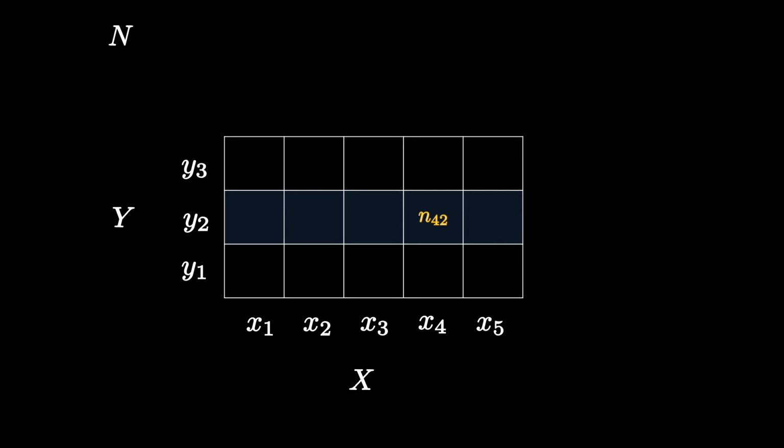So one obvious question of interest for us is to know the probability of random variable x being x4 and random variable y being y2. Remember, the process can happen only when we have the states for both of these random variables. Since this will essentially be the relative frequency of this combination, we can compute it by dividing n42 by n.